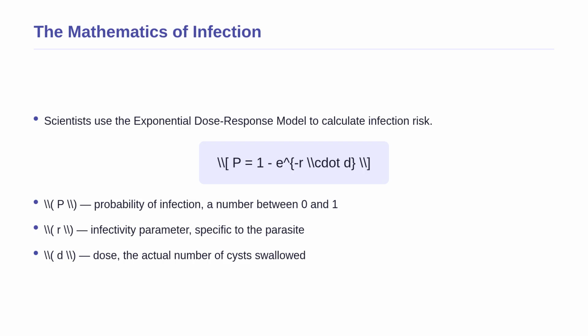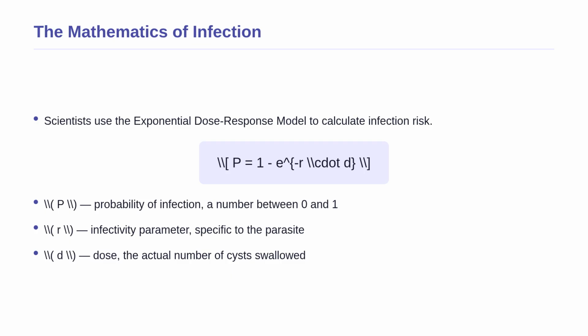To manage this public health risk, we must move from biology to mathematics. Scientists use the exponential dose-response model to predict how likely an infection is. The formula is P equals 1 minus e raised to the power of negative r times d. Here, P is the probability of becoming infected.